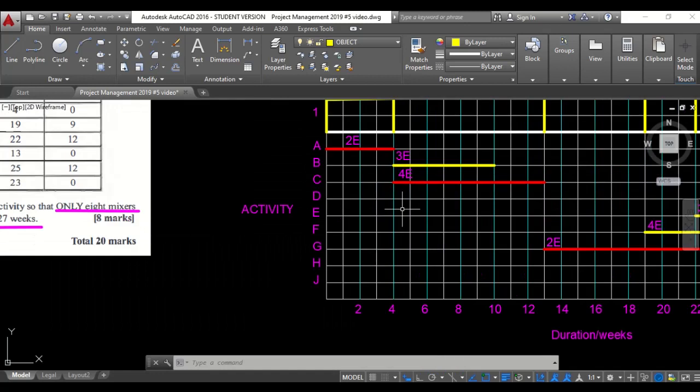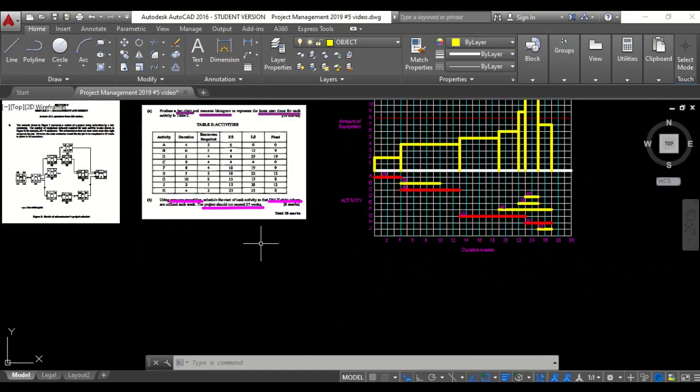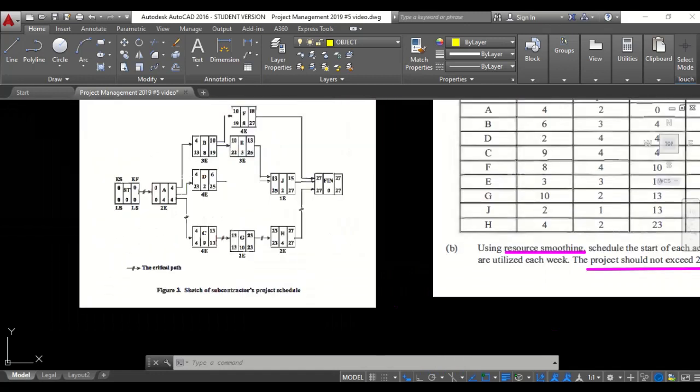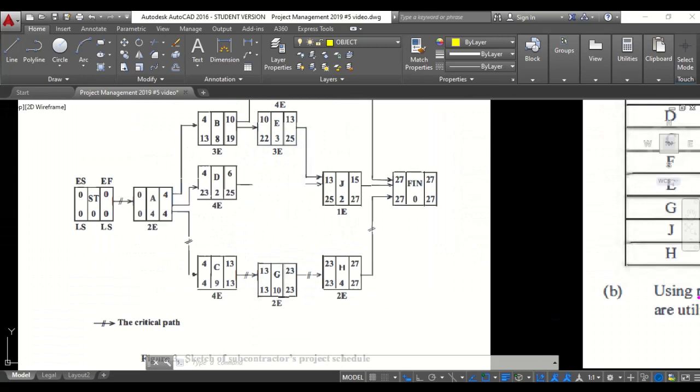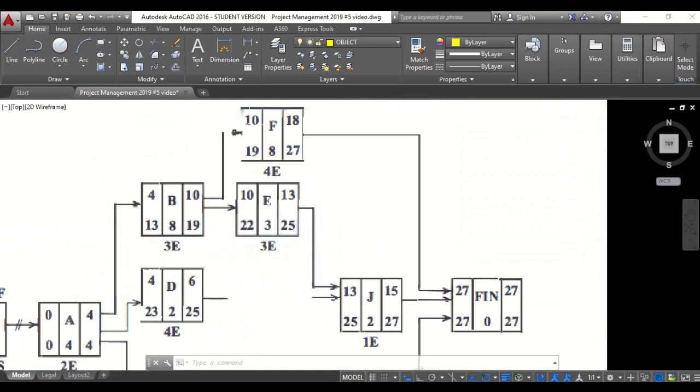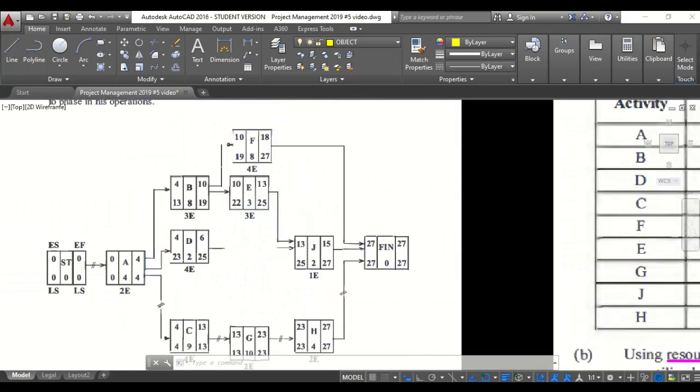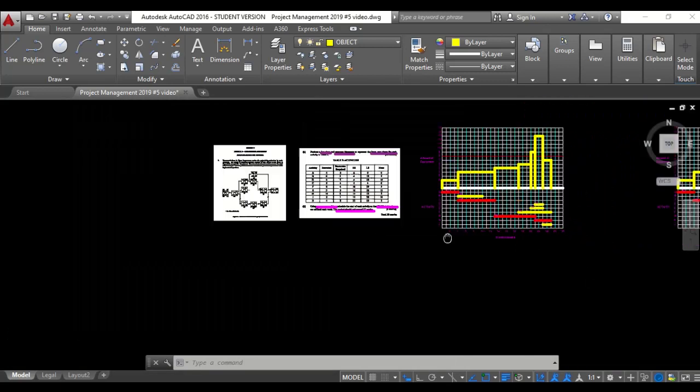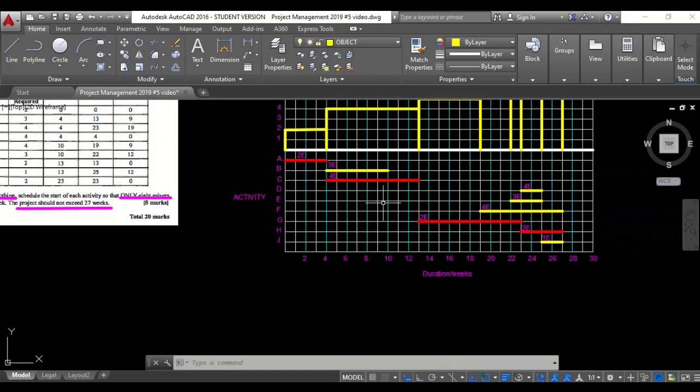B comes after A, so we are matching that. Now let's see which activities B is a predecessor for. B is a predecessor for E and for F. So let's see where E and F fall. E is here and F is here. It is still occurring before, so we are still good.